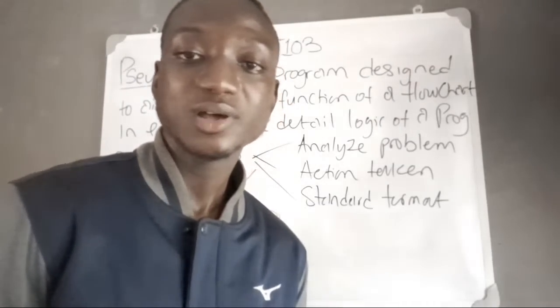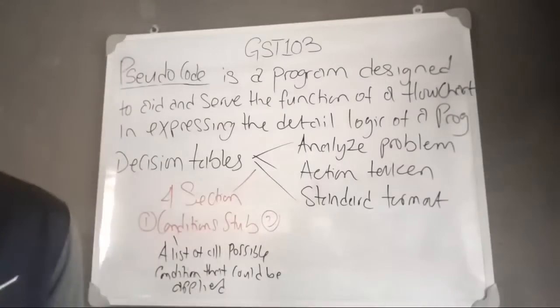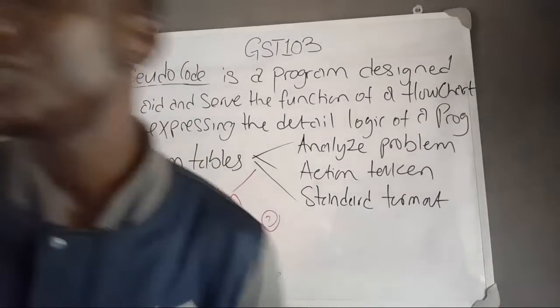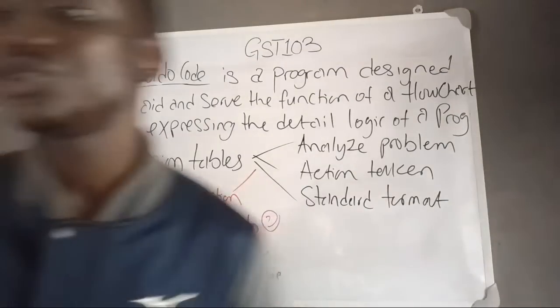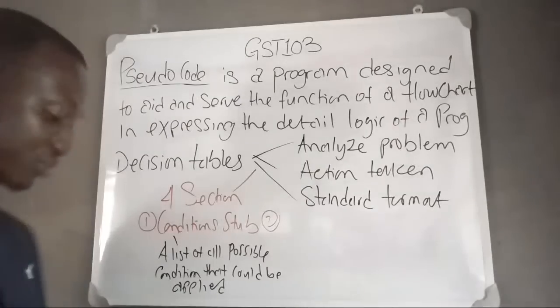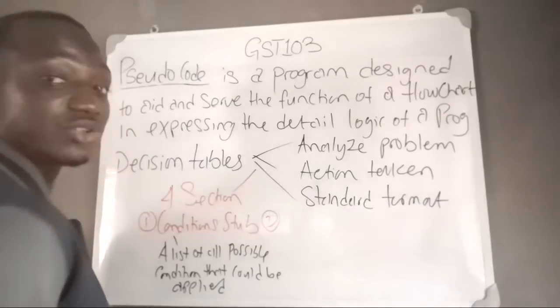Mr. Jacob, I don't understand your question. Condition entry. This section contains different conditions, combinations of conditions. Each condition is given a number termed a rule. This is the condition entry.